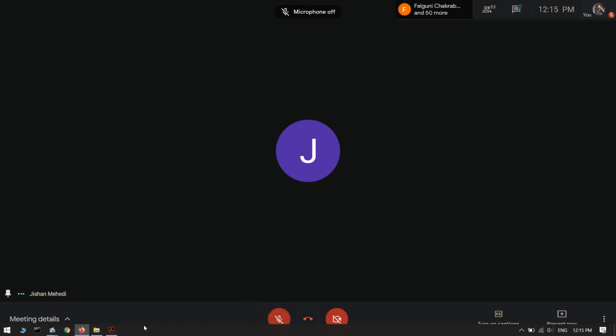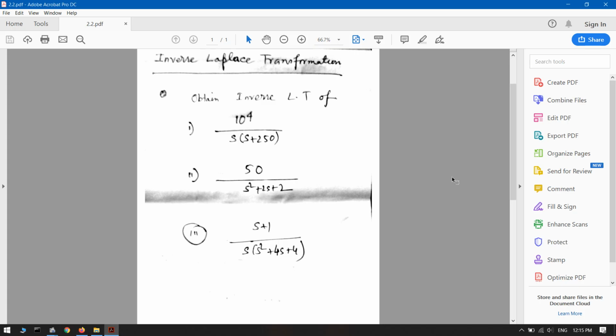Yes, sir. You see, I have given only 3 problems related to the inverse Laplace transformation. So consider the first one. First one is obtain the inverse Laplace transformation of first function, that is F(s) equal to 10 to the power 4 by s into s plus 250.